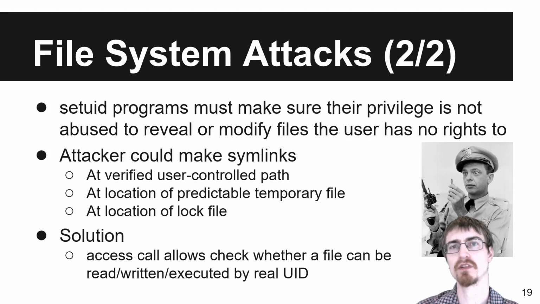So basically the privileged program is acting on behalf of the user, so it's the deputy, but it's confused about what it's supposed to do and what it's not supposed to do. It's not checking whether the end user is the one allowed to do it, whereas the operating system only checks whether the deputy is allowed to do it. So, in this particular case, the attacker could, for example, make symlinks at a user-controlled path at the location of a predictable temporary file or at the location of a log file.